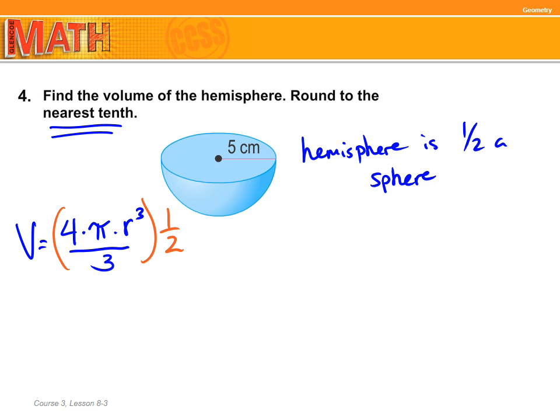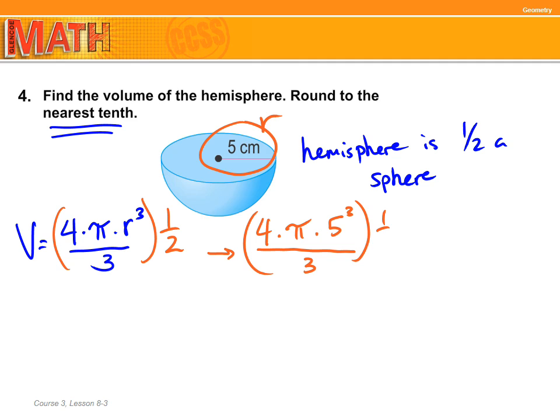They gave us the radius of 5. So let's plug it in. 4 times pi times 5 cubed divided by 3, and then I'm going to multiply that by 1/2. There is a shortcut to it. See if you can figure out the shortcut. It's very similar to how I did the shortcut of the formula, but I'm going to do this the long way so I can show you.